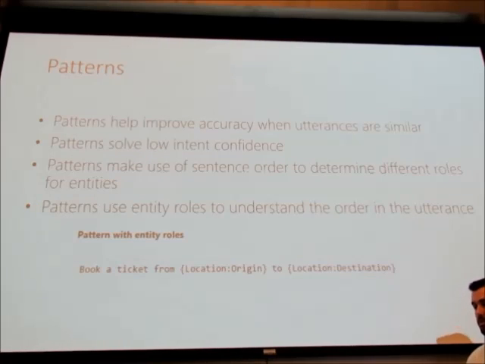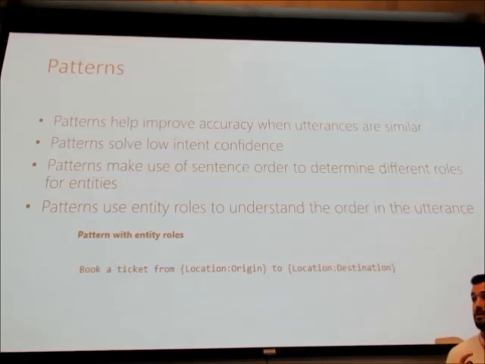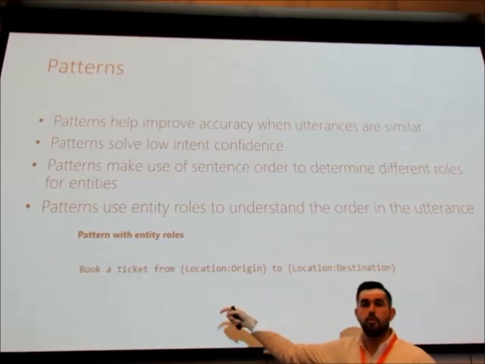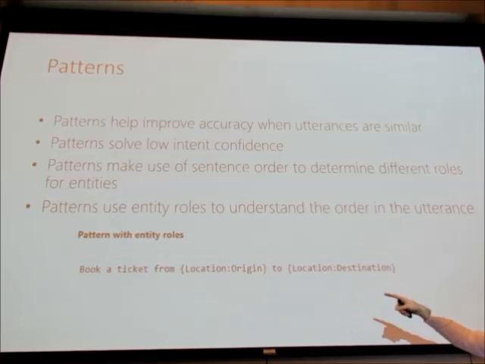With patterns, we can add roles to entities that are exclusive to patterns. So here we have location origin. Location would be our entity, and I know that if this one comes first, I'm going to label it as an origin, and if I have another one, I'm going to label it as a destination. That's a manually inputted role that we put on those entities to help us understand that we want to book a flight, and that there are probably two locations.